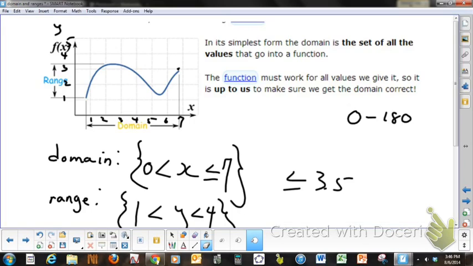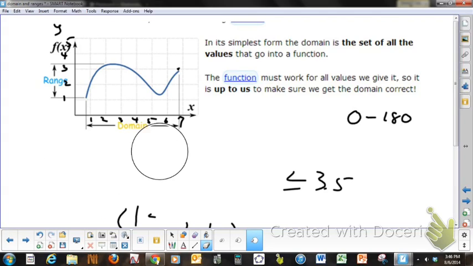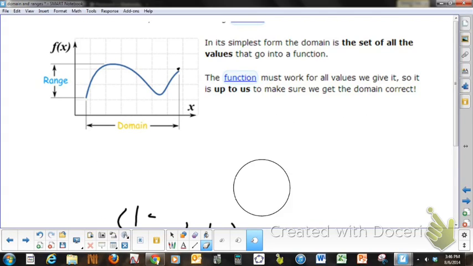But sometimes there can be restrictions on these values. So for example, a graph like this has some restrictions on it, because on the x-axis it only goes from just before 1 to 7.